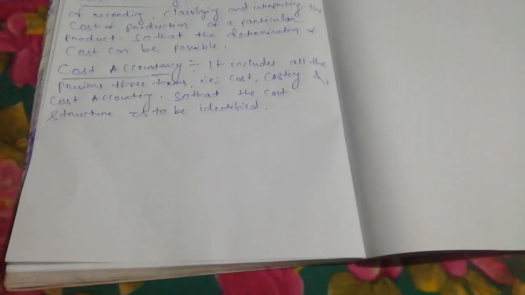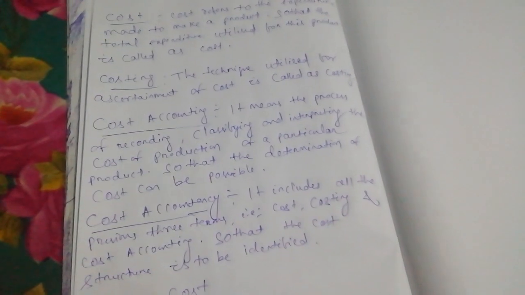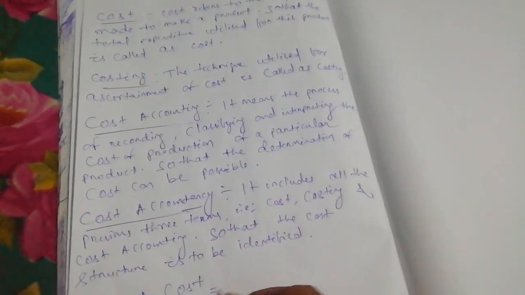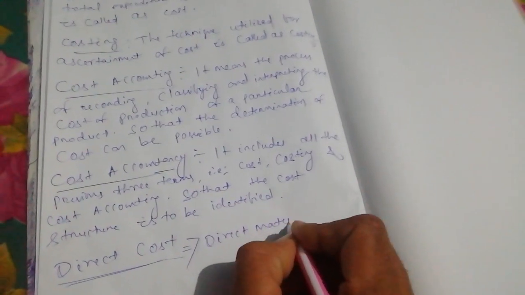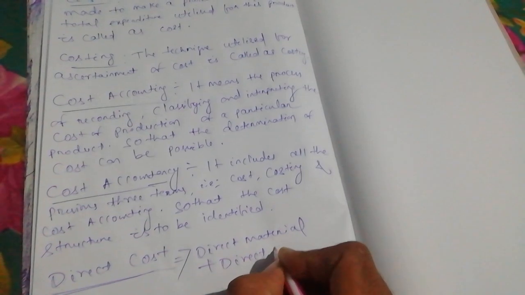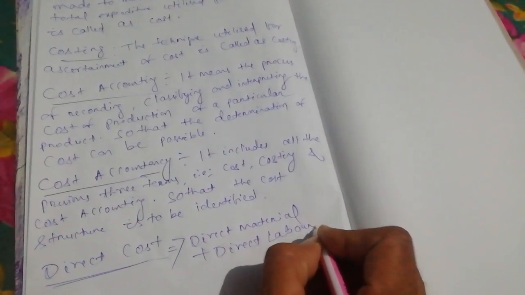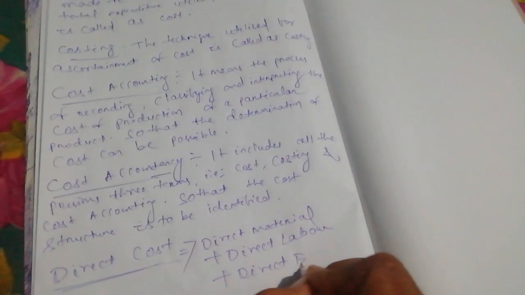What is direct cost? Direct cost means direct material plus direct labor plus direct expenses.